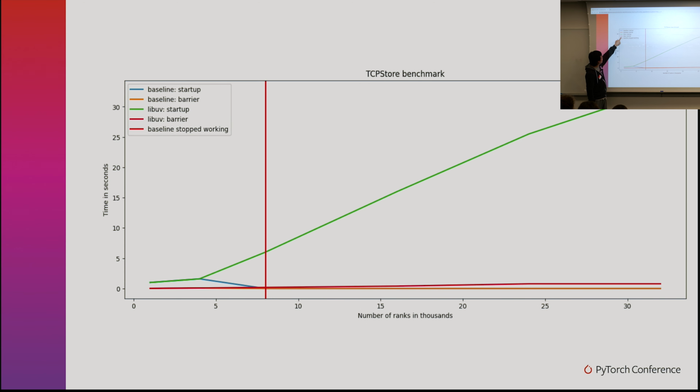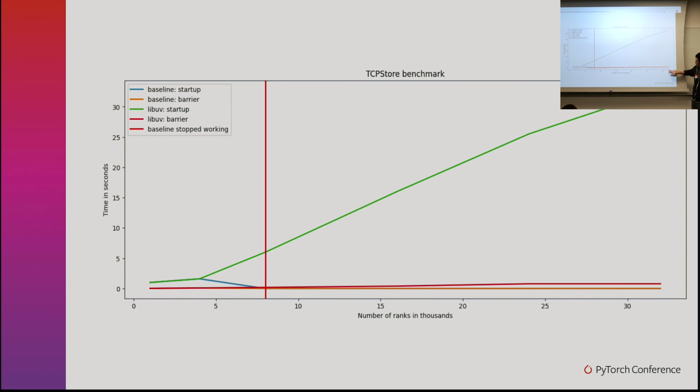Another thing we tested is the barrier. In some cases, we still use the TCPStore to perform a barrier to synchronize among the ranks. This happens where the process group has not been initialized. This line is the execution time of the barrier.